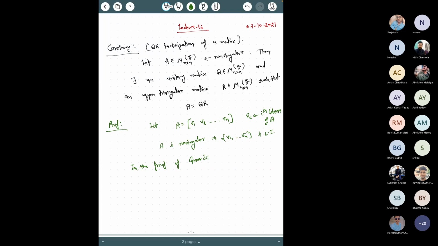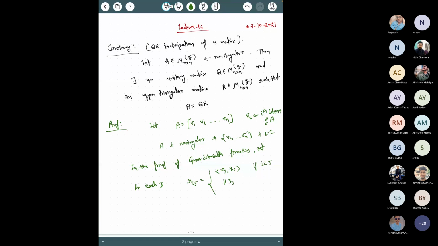If we set, for each j, Rij to be the inner product of vj with qi if i is less than j, the length of qj if i equals j, and 0 otherwise.